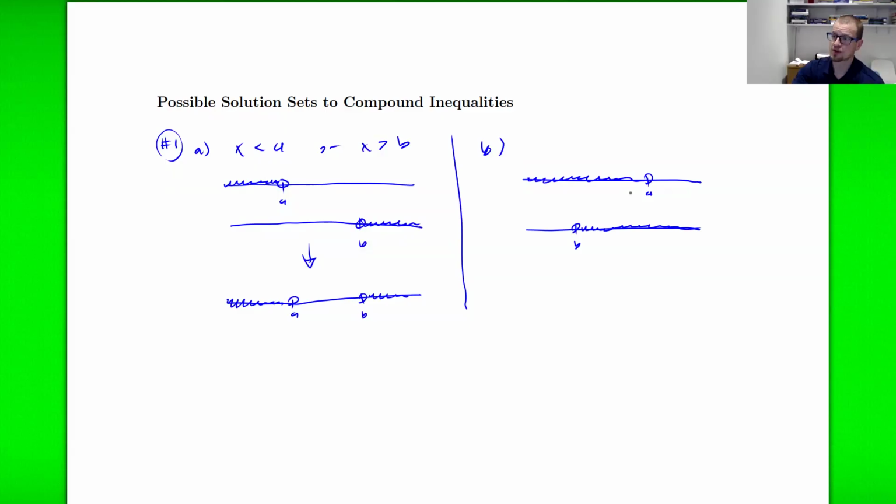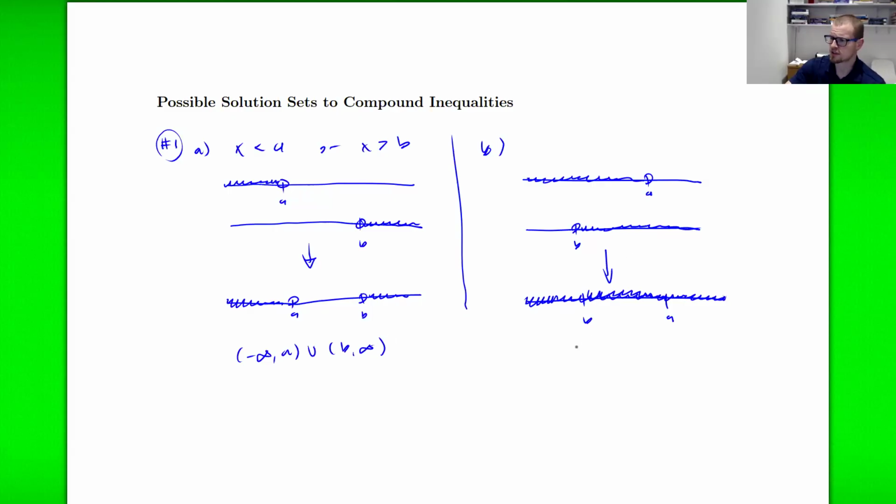But when A is greater than B, if it can be here or here, then anything at all will work, because all of this works because of this portion, and all of this works because of this portion. So our interval notation might be negative infinity up to A union B up to infinity.